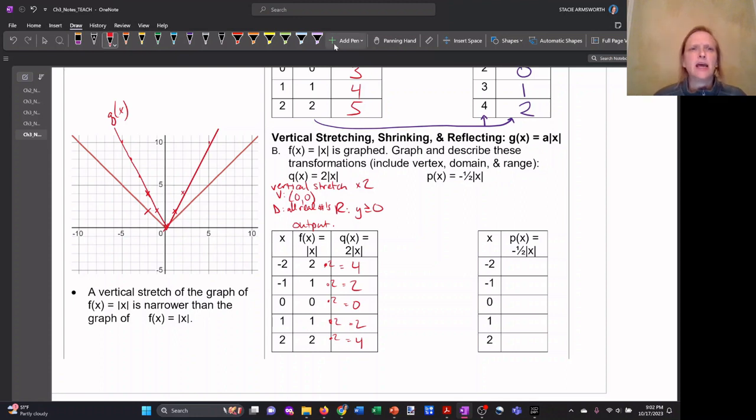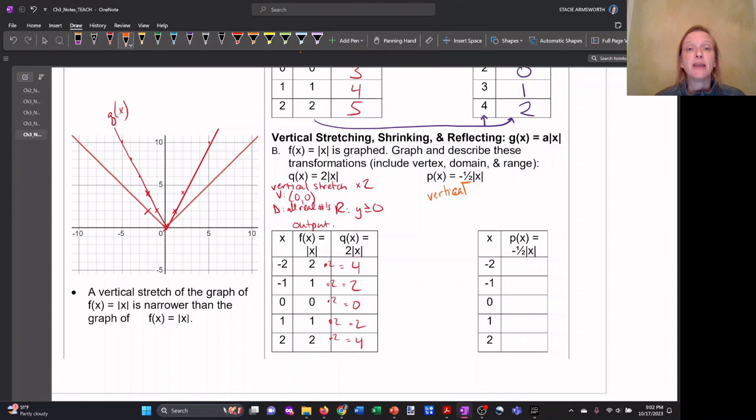Let's look at p of x now. I don't want to do this in purple because we are still doing, here, I'll do it in orange. p of x is, notice that the transformation is being applied after the original absolute value function. So I'm still evaluating the absolute value function and then applying a multiplication factor to it. So this is still a vertical transformation.